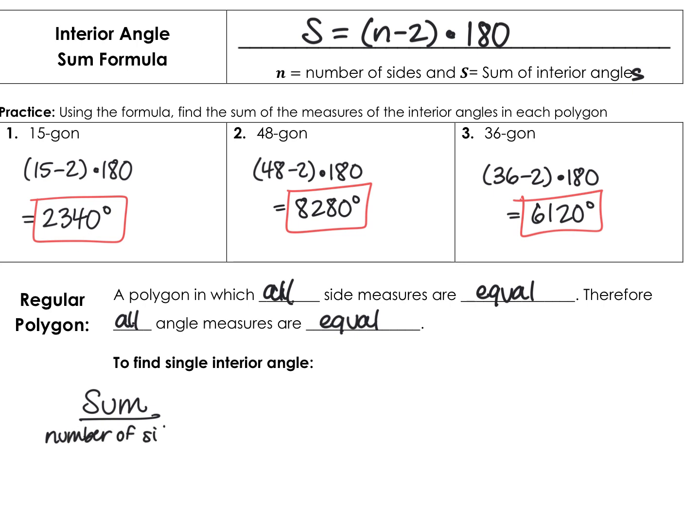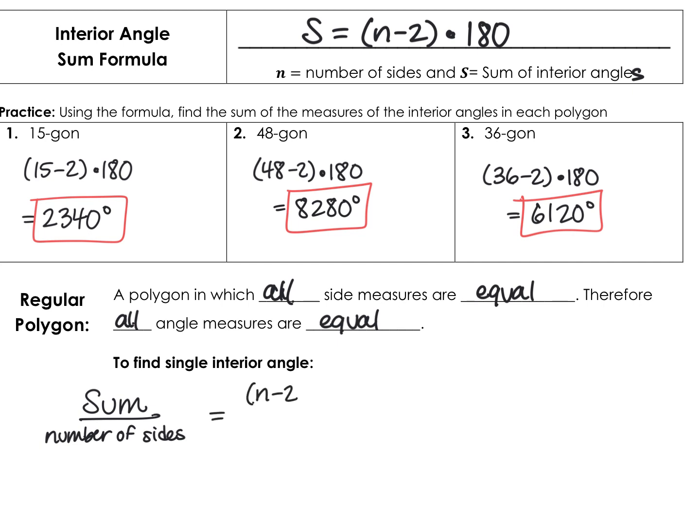If you know the sum of a regular polygon, like you know how much the angles add up to, this is not necessarily a formula thing, you can probably figure this out intuitively. If I know it's a pentagon, so it adds up to 540, and I divide that by 5, then I know each angle is 108, for example.